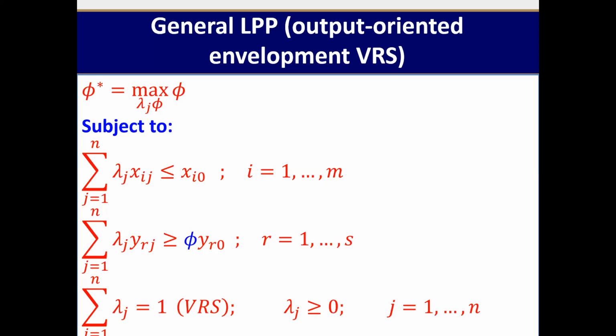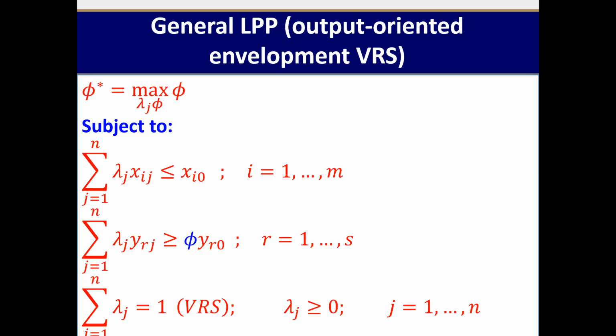All right, so try and explain the output-oriented envelopment model that you see on your screen. The phi signifies the symbol for the efficiency, the output efficiency. So we are maximizing the output efficiency subject to these constraints.